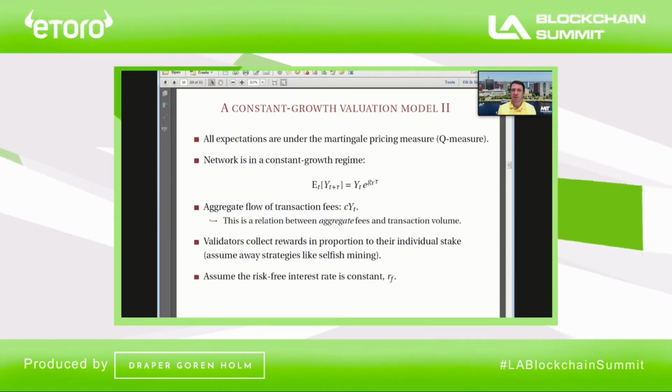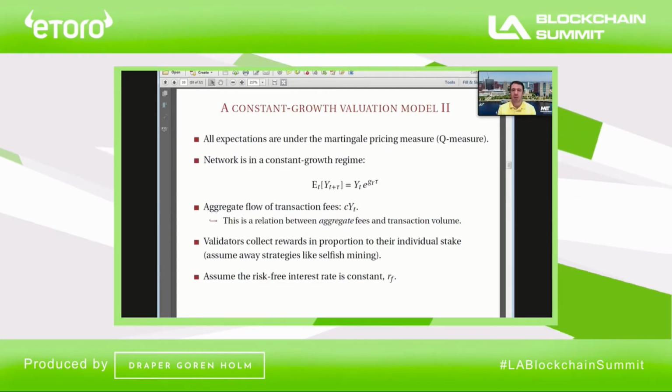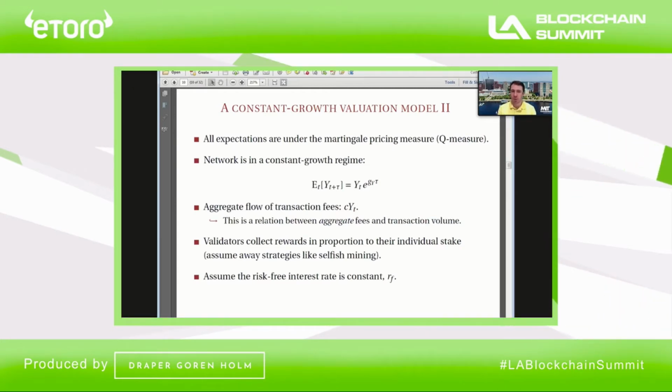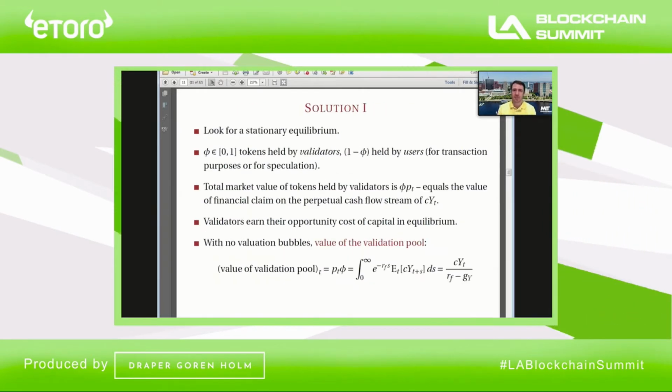Now, validators collect rewards in proportion to their individual stake. And we assume that they follow the protocol, so there are no games that they play, there's no selfish mining, nothing like that. So they really get the fees in proportion to their stake. And the interest rate, for simplicity, is a constant. Interest rate here is the rate of interest you would get in the financial market. So if you invest in treasury securities, that's the rate of return.